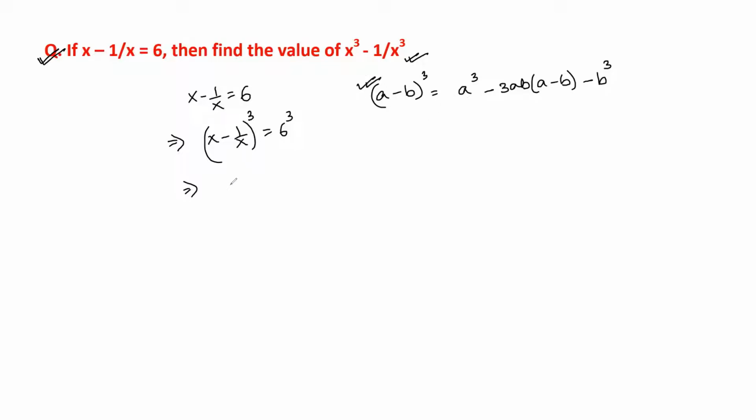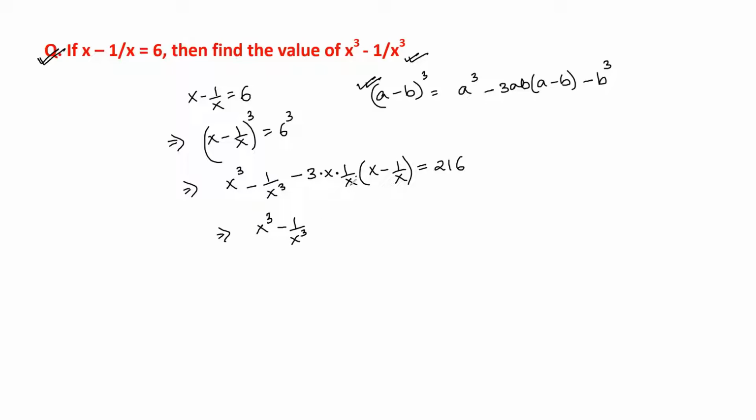Now we can simply use the formula for a minus b whole cube. So in that case, x minus 1 by x whole cube would be x cube minus 1 by x cube minus 3ab. So here a is x and b is 1 by x, times of a minus b, which would be x minus 1 by x. And this is equal to 6 cube, which would be 216. So if we simplify this, this would be x cube minus 1 by x cube.